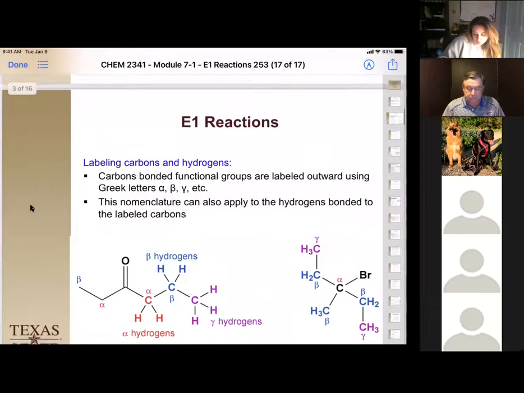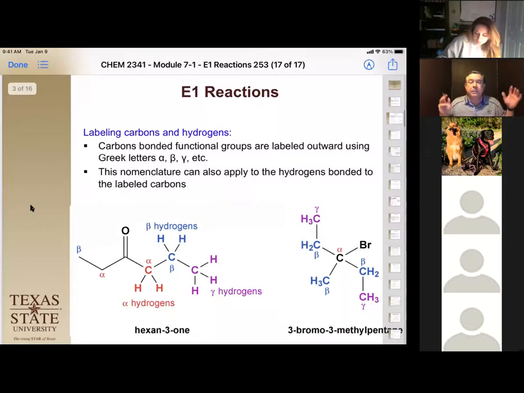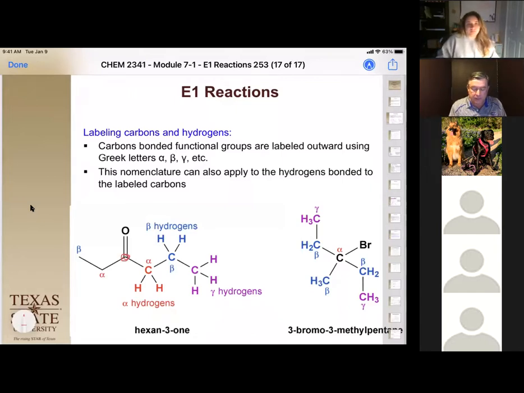Okay, so to make sure that we have some nomenclature that lets us talk about which carbon's going to lose the hydrogens, let's talk about how we're going to label them right now. So we're going to start with whatever functional group we have here, and then we're going to say, okay, that carbon right from that functional group is going to be our alpha carbon. That's the one that's attached to the functional group.